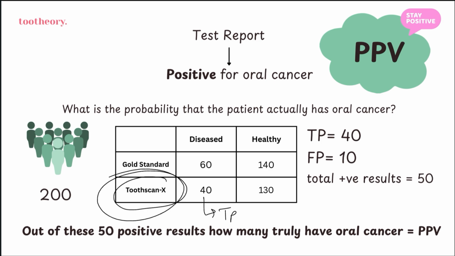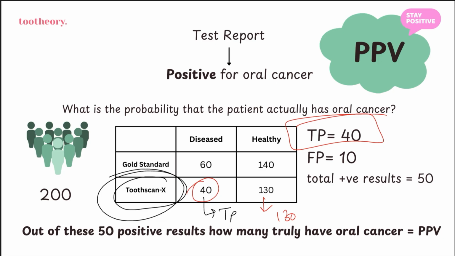And our gold standard here is telling us that there are 140 healthy people, and out of these 140 people, tooth scan X is telling us that it has identified 130 people as healthy, right? So these 40 people are our true positives, because the test has truly identified them as positive, and the gold standard also says that they're positive.